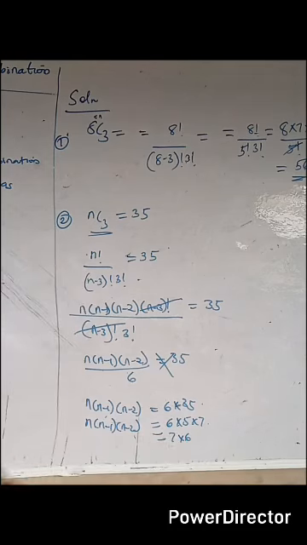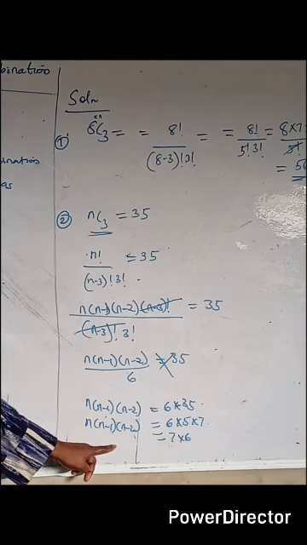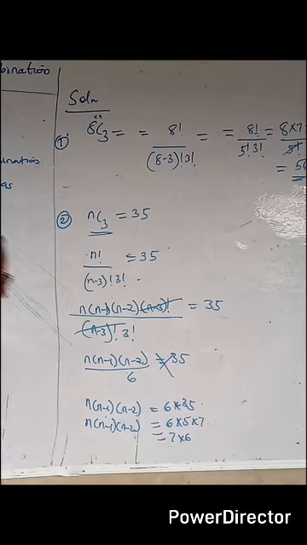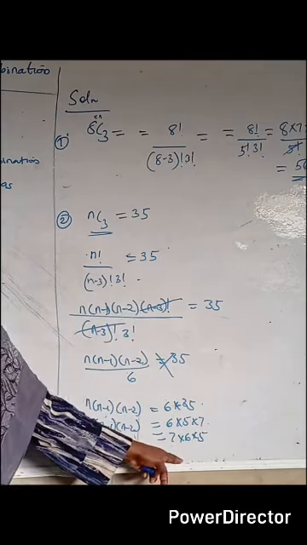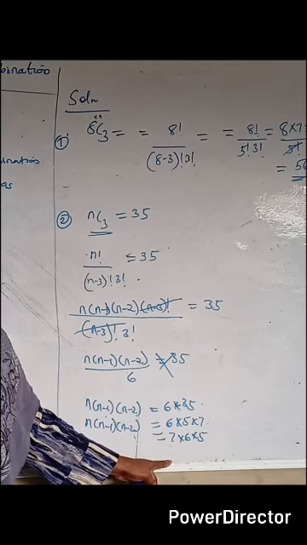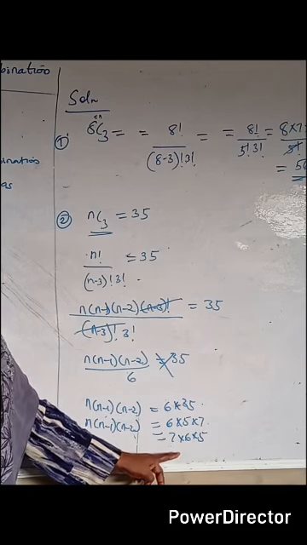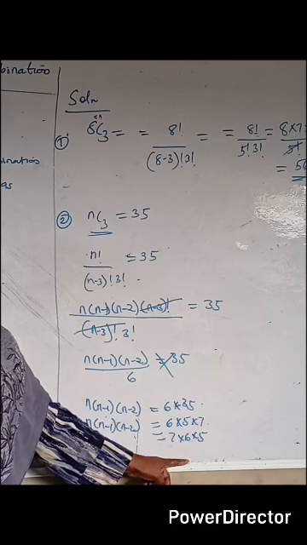If you want to follow the formation of n, n minus 1, n minus 2, you can see that there is a consistent reduction of 1 from the first number. The first number here is 7, followed by 6, followed by 5.